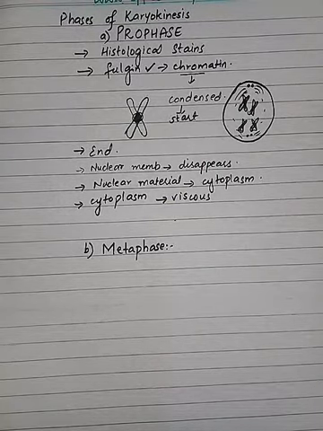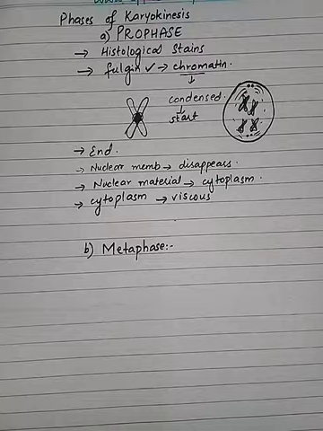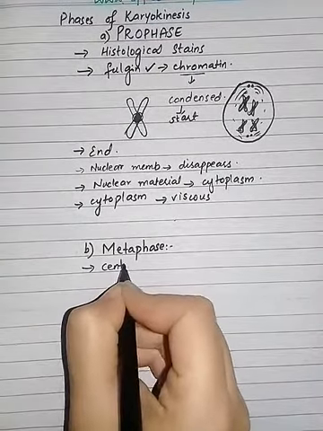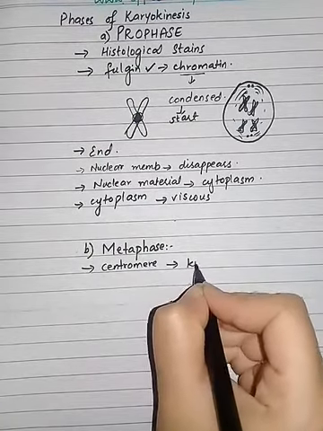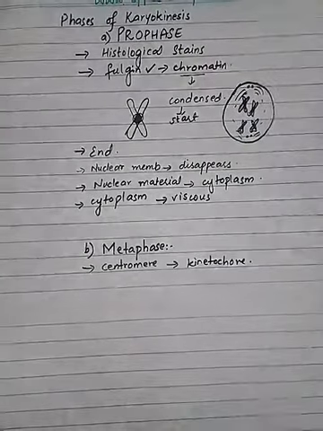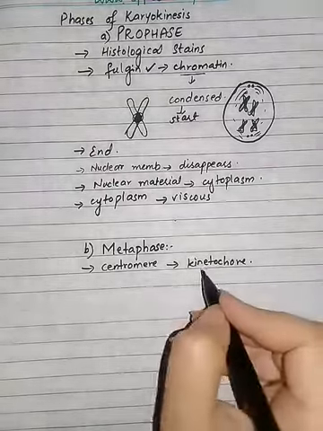The other name of centromere is primary constriction, as I have told you in the previous videos related to DNA and chromosomes. Now this centromere has a special area, which is known as kinetochore.